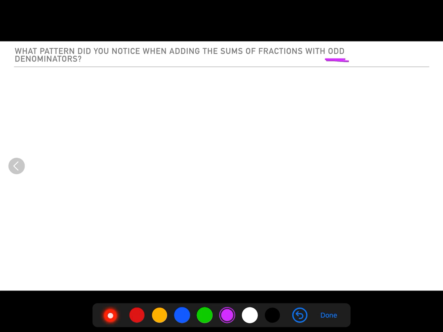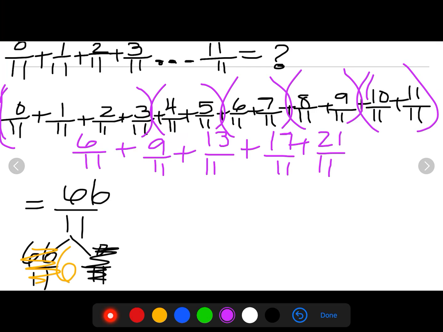What about when it was odd? What did you notice? That's right. I noticed that my answer, or my sum, was a whole number.